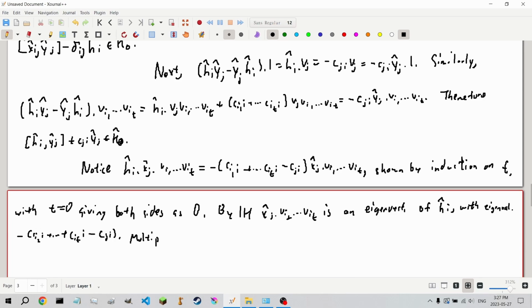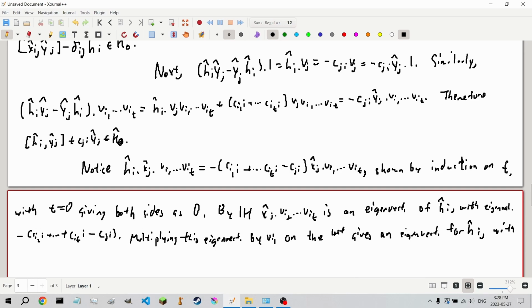Multiplying this eigenvector by v_i1 on the left gives an eigenvector for h hat i with eigenvalue the same as before, except we add in c_i1i plus through c_iti minus c_ji.